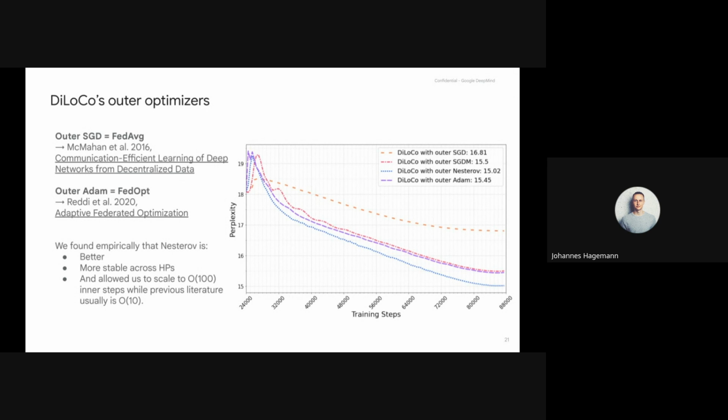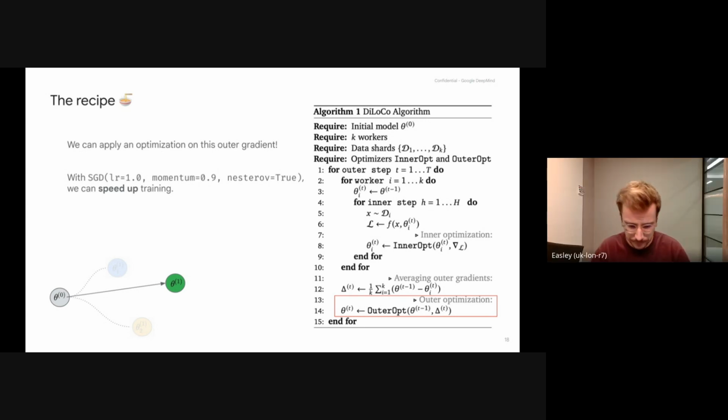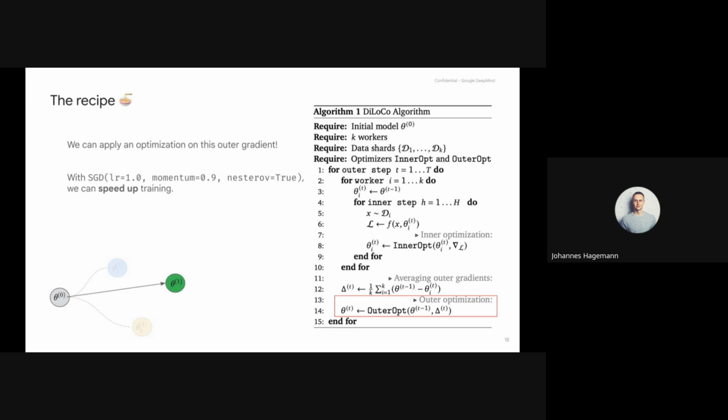It seems like the outer gradient you have there is just the weight difference between the beginning and end of one of the 500 steps, right? And not like a true gradient. My question would be, did you try to average the gradients then? Or did this perform worse?